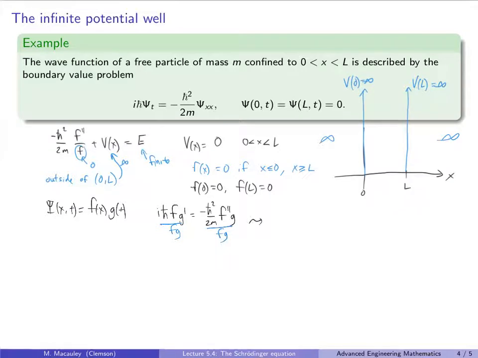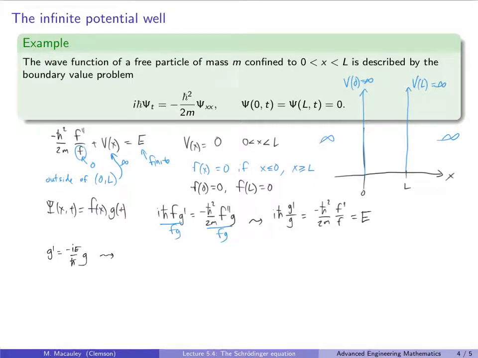And this leads to iħ g'/g equals negative ħ² over 2m f''/f. Again, this depends on time only, this depends on position only, and so this is equal to a constant that we're going to call E for energy. So we have an ODE for g: g' equals negative i over ħ times E times g.